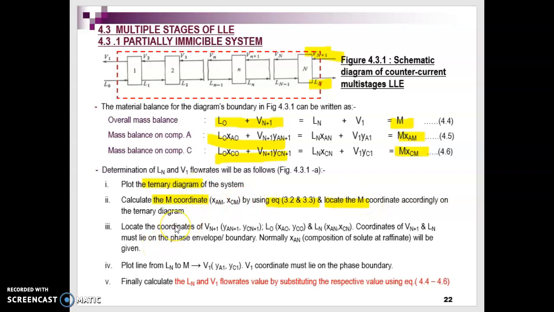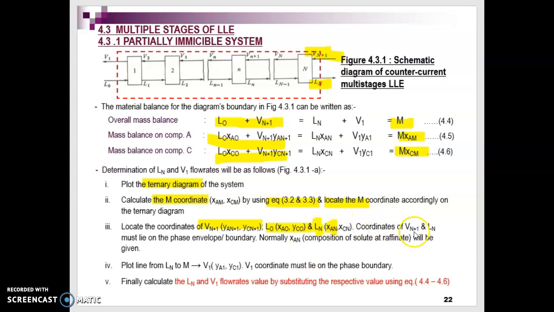And next you need to locate the coordinates Vm plus 1 and L0 because they will be given in this case. And usually for multiple stage, you will be given the solute composition for your raffinates.